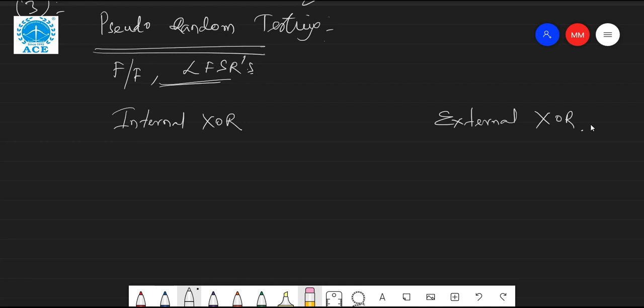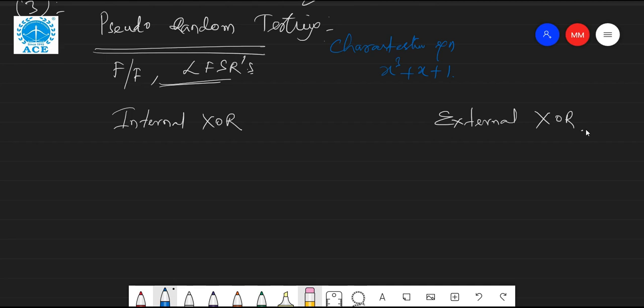Suppose I have a characteristic equation, for example x cube plus x plus 1, whatever, roughly I am taking here. So for this one, what will the test pattern be? What are the test blocks we have?